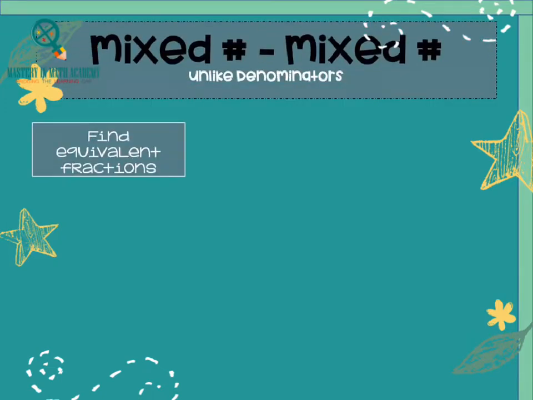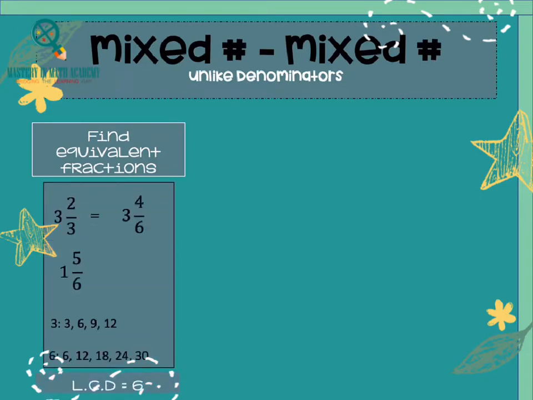All right, we still have our mixed numbers that we're subtracting. And remember, I said we're talking about unlike denominators. Find your equivalent fractions, which we already did. And 5/6 is the same thing as 1 and 5/6, because that's what we started with. Now, can we subtract these?